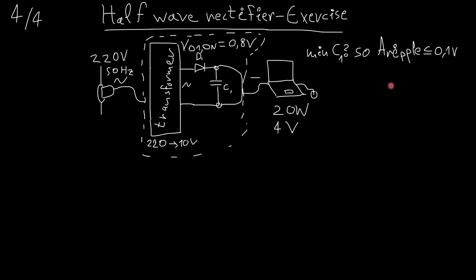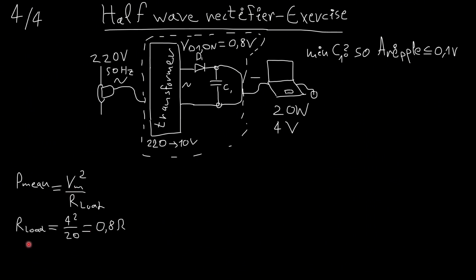Right, first of all, I can simulate the load of the laptop by a resistance. How? I'm going to say that the mean power consumed by the laptop is going to be the mean voltage under which it consumes it squared over the resistance load. Then the resistance load is going to be 0.8 ohms.